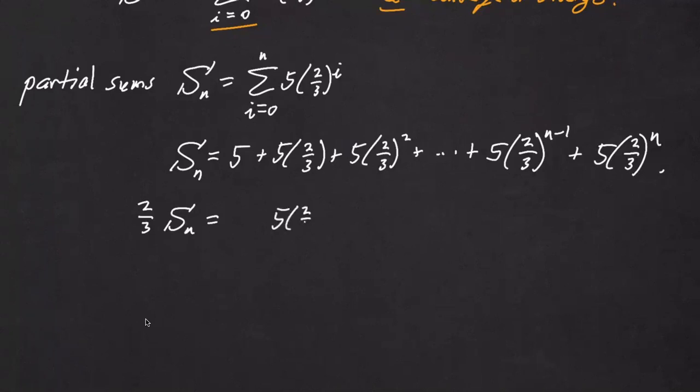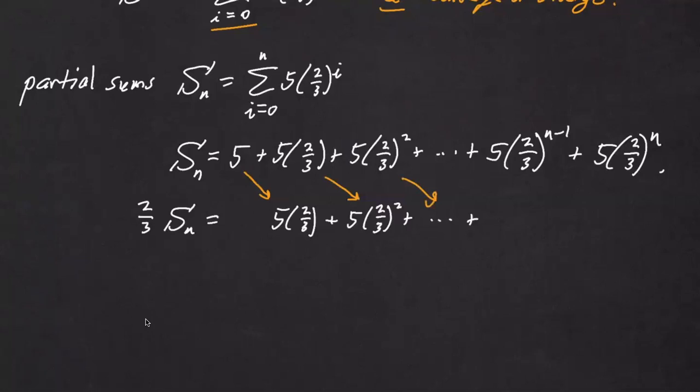5 times 2/3 is the first term. We're multiplying the 5 by 2/3, and then we multiply the 5 times 2/3 by another 2/3, so we get 5 times 2/3 squared. And then we multiply that by another 2/3. There's a term here, but I'm going to let that fade into the dot, dot, dot.